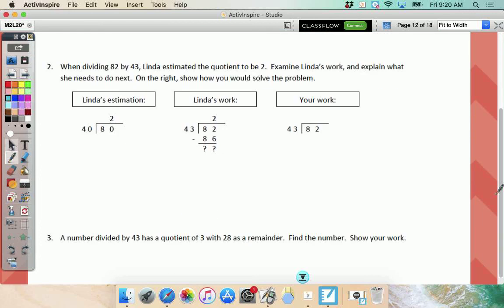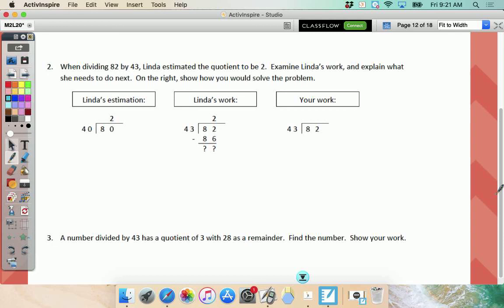So I like this first one. This first one is finding someone's mistake. And I know, because I'm a teacher and they told me, finding mistakes is actually harder work and requires more thought than doing the problem.